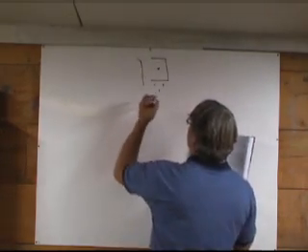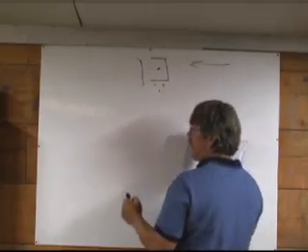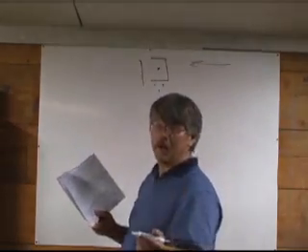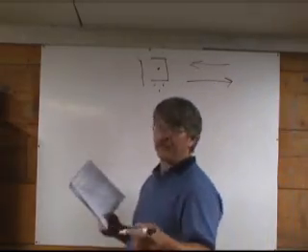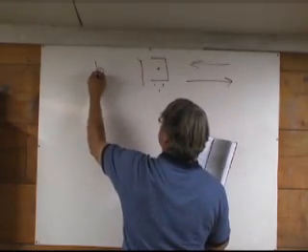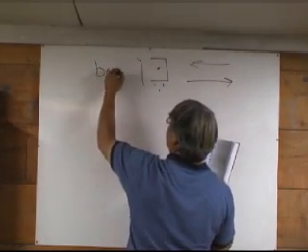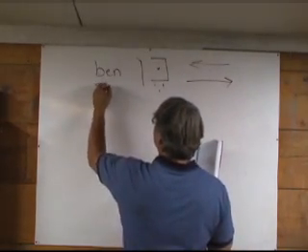Hebrew reads and writes from right to left, but you transliterate it from left to right. And that's where some of the confusion comes from. This word is bane. Bane means son.